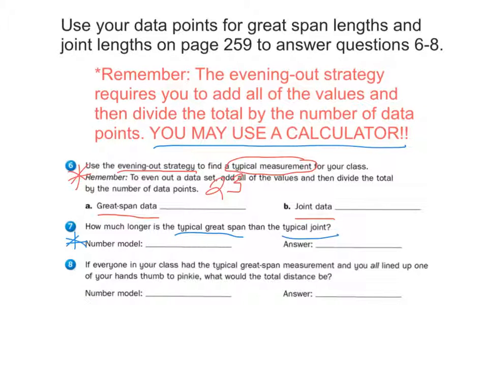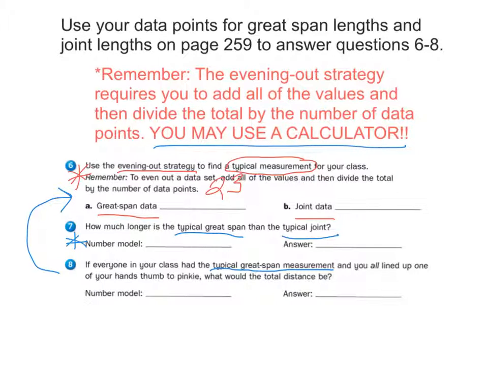And for number 8, it says if everyone in your class had the typical great span measurement, which you found right there in number 6A, and you all lined up one of your hands, thumb to pinky, what would be the total distance?